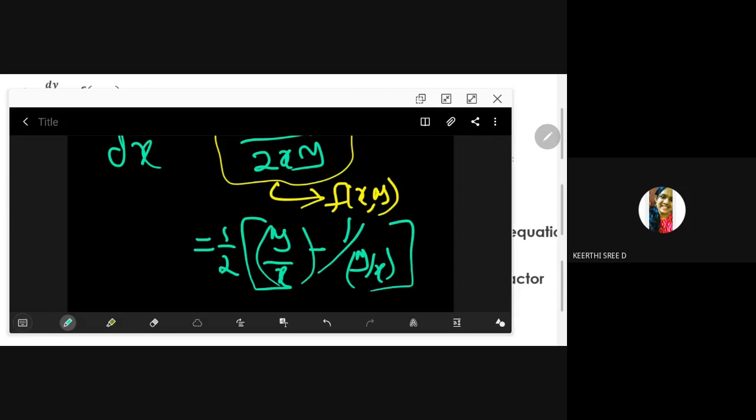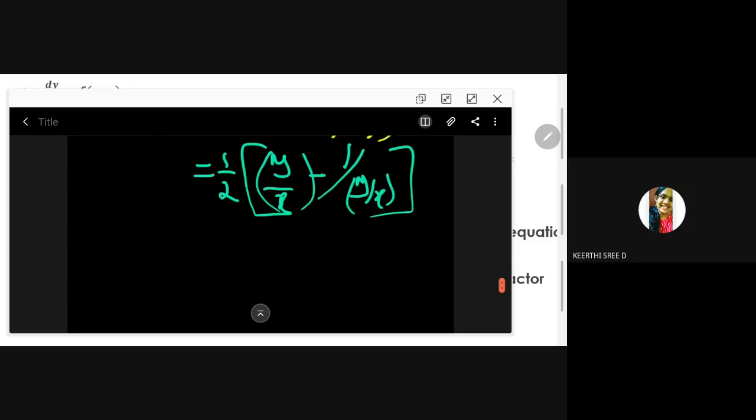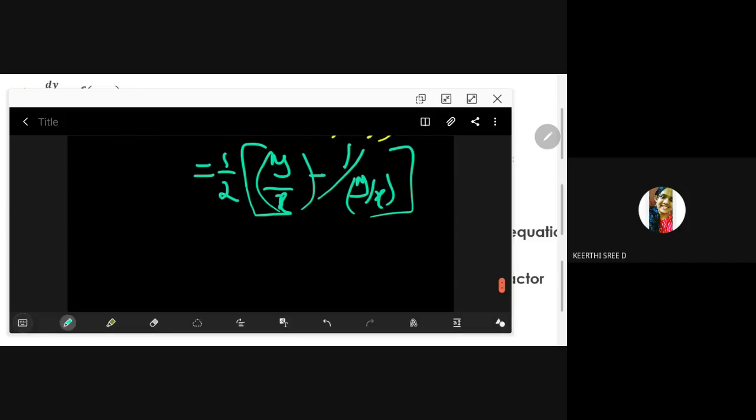So if you take y by x as v, how can I write this? This is equal to half into v minus 1 by v.